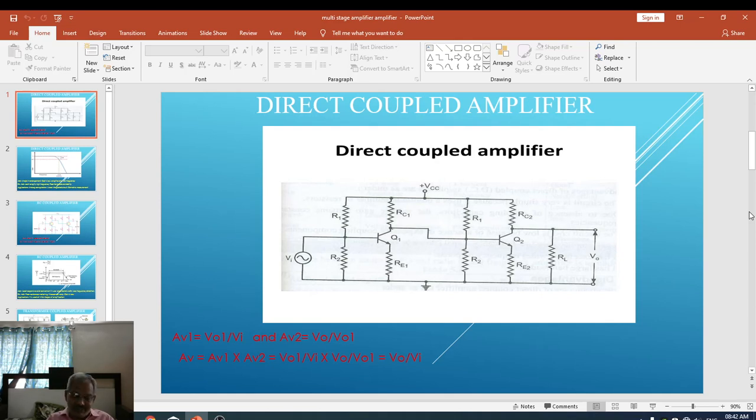If both the transistors are well matched, then they have the same current gain, and that's why the current gain of the Darlington pair becomes equal to the square of beta, considering that beta is the current gain of the transistor in common emitter configuration.